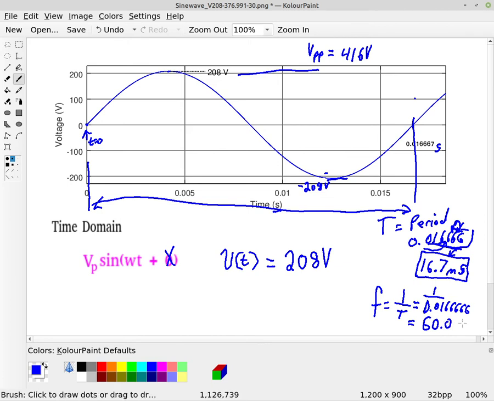Okay, so to 3 significant digits, that is 60 hertz, which of course is the standard frequency that the electric company uses here in the United States. Okay. So if we're running 60 hertz frequency, that says that every 16.7 milliseconds is going to be one complete cycle.